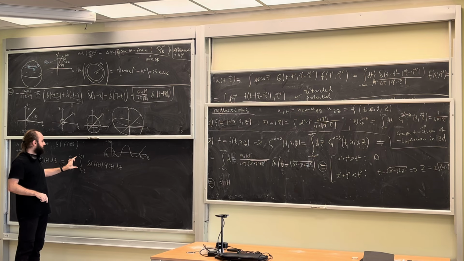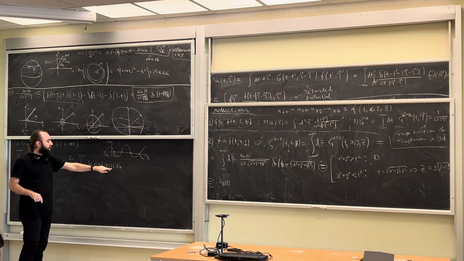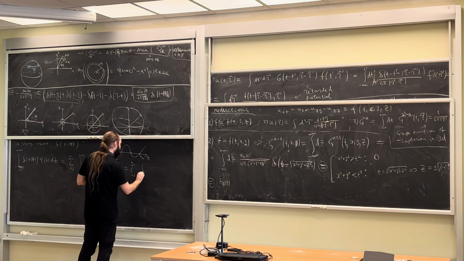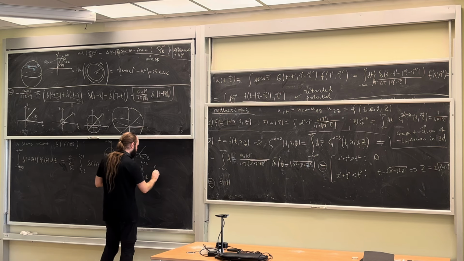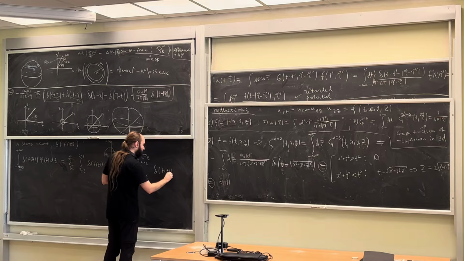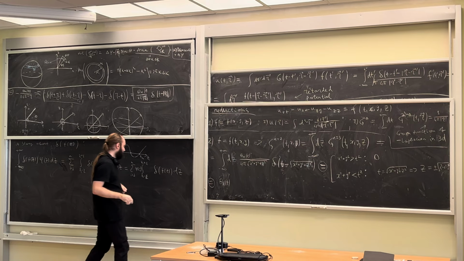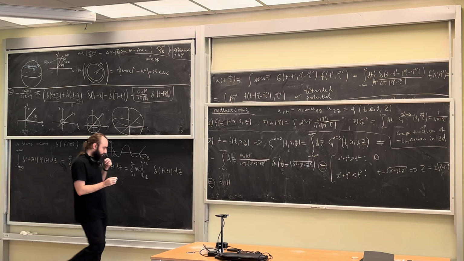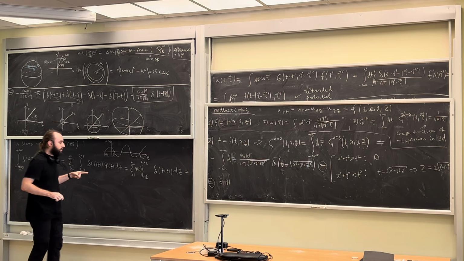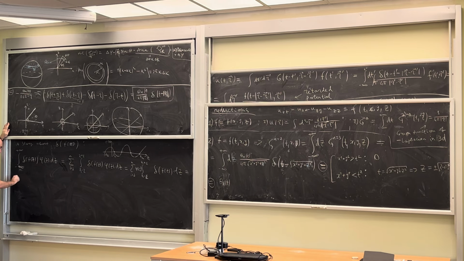Then, since we restrict to the small vicinities, we can move phi of z out of the integral, writing that it is the sum from i equals 1 to n of phi of zi, times the integral from zi minus epsilon to zi plus epsilon of delta of f of z dz.